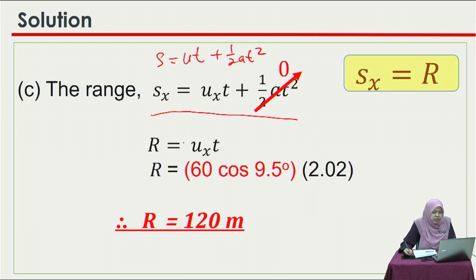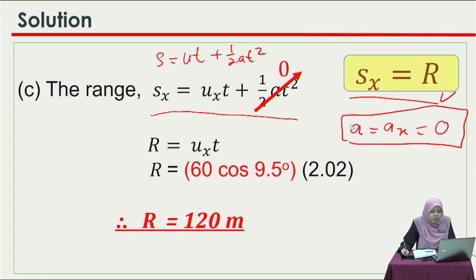For this part, range, since range is for the x component, Sx equals uxt plus half at squared. Sx is equal to r. A is the acceleration of the x component, which equals 0.